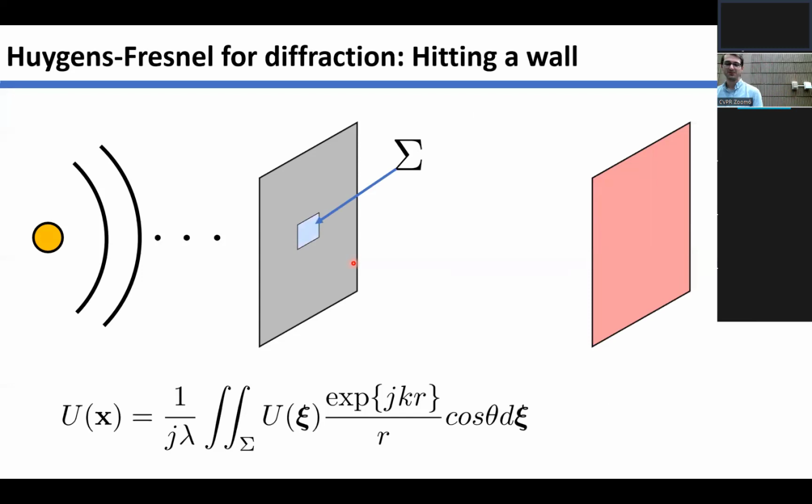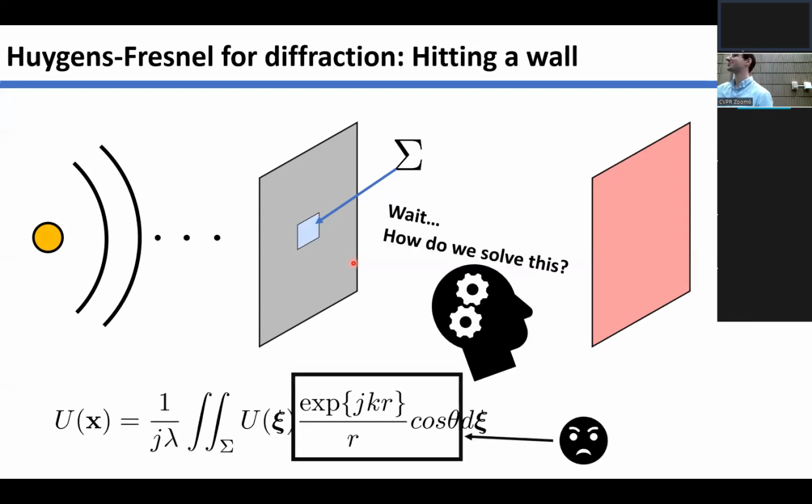So let's do Huygens-Fresnel for diffraction hitting a wall. Not only is our wave going to be hitting this wall, we're also going to hit a wall as far as the mathematics are concerned. If you were to really write this down and try to do this summation of spherical waves, you'll quickly become very angry, because you're not going to be able to solve this.